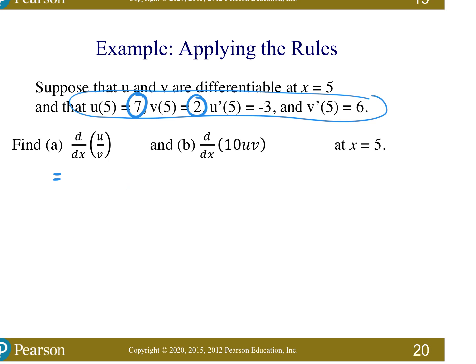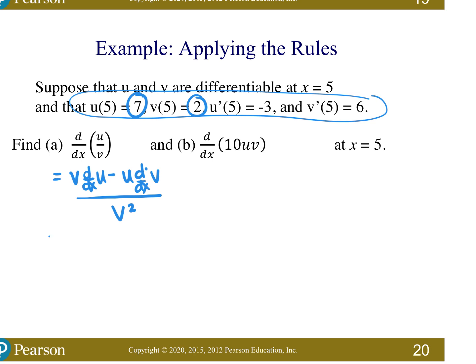The right way to do that would be for me to do low, low, low, D high, minus high, D low, merrily, merrily, merrily, merrily, oh, over low times low, okay? And then plug all your numbers in.